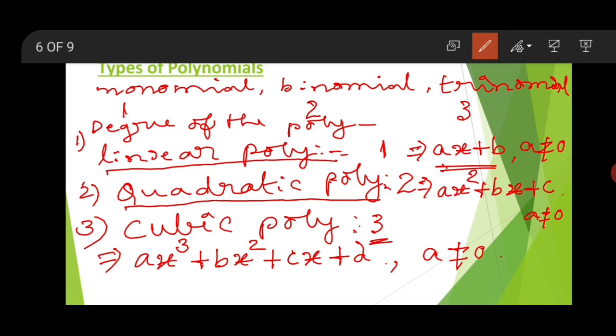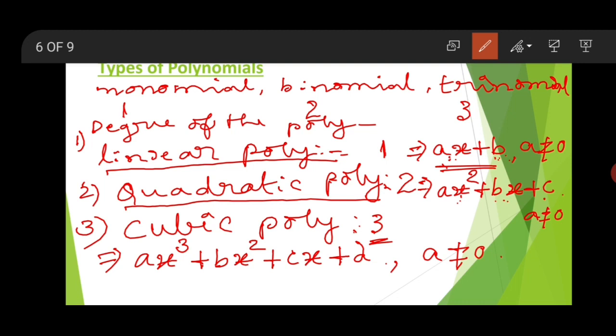Okay. Here, remember, a linear polynomial contains at most two terms. See, ax is one term, b is one more term. So, linear polynomials have at most two terms. Similarly, quadratic polynomials contain at most 3 terms, may or may not be 3.